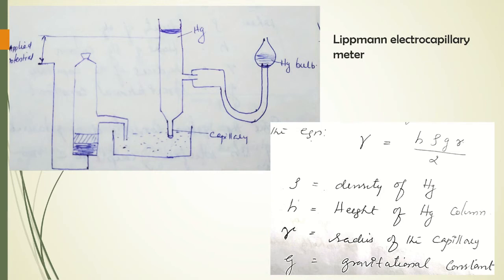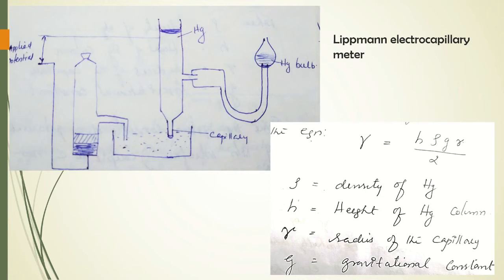In this experiment, a tube narrowing to a capillary at its end is immersed in an electrolyte. The lower meniscus of the capillary is shifted by raising or lowering the mercury bulb, which can be observed by means of a microscope. The height of this mercury column will be proportional to the surface tension.